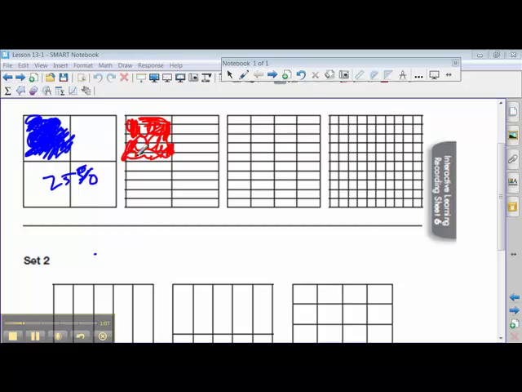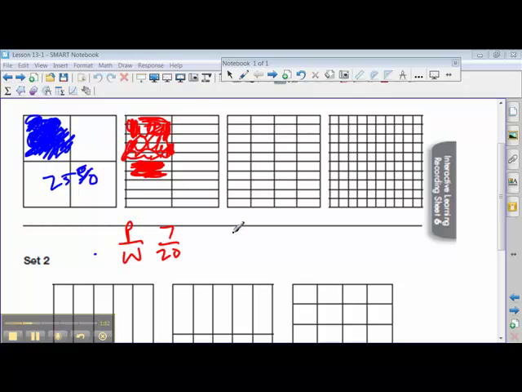So that's 5, 6, 7, 8, 9, 10. Let's get crazy. Let's do 7 of them. So there's 7, and there's 10 in this row, and 10 in that row. So that means if I compare my part to a whole, I have 7 out of 20 because there are 20 of these parts in this whole object here.